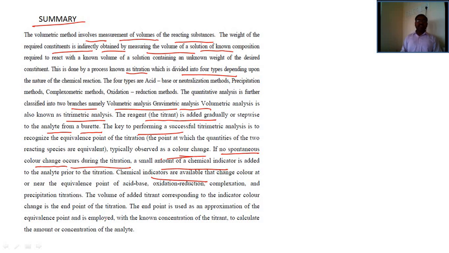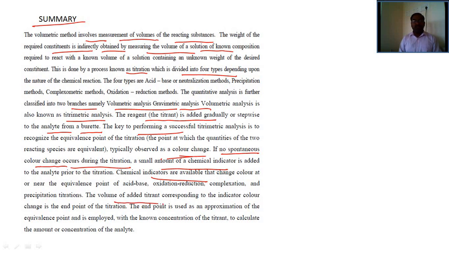Chemical indicators are available that change color at or near the equivalence points of acid-base, oxidation reduction, complexation, and precipitation titrations.